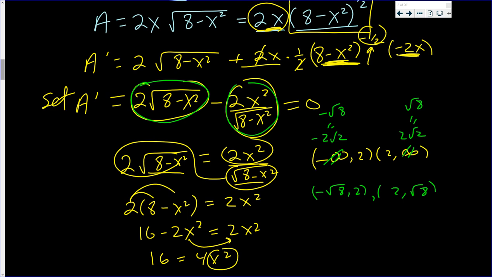Now, zeros in this interval. If you plug in 0, you're going to get 2 times the square root of 8 minus 0 minus 0. So you're going to get a positive number.